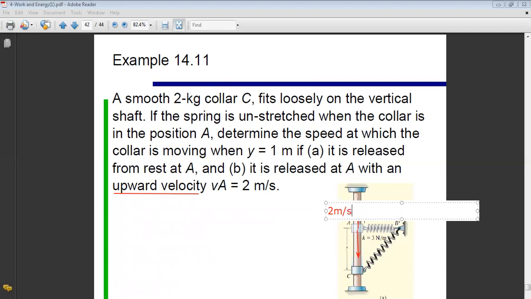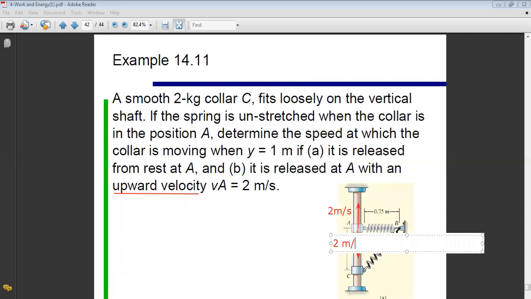What will be the difference? Will TA change? What is the kinetic energy of A? Kinetic energy of A is 0.5 m VA squared. Since it's a square, if VA is plus 2 or VA is minus 2, TA will not change, and therefore VC will not change.